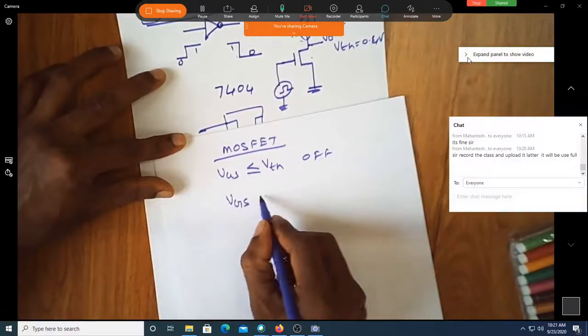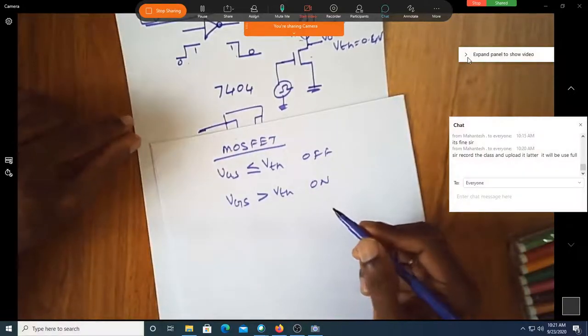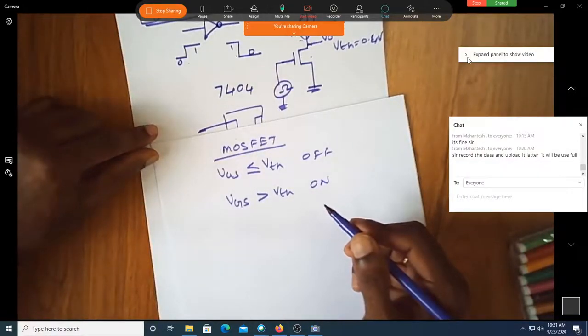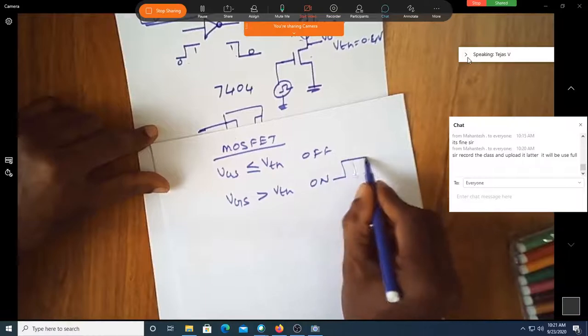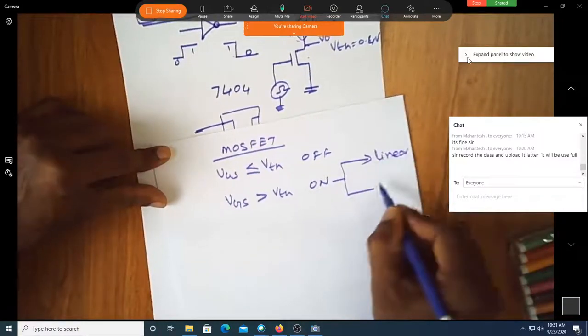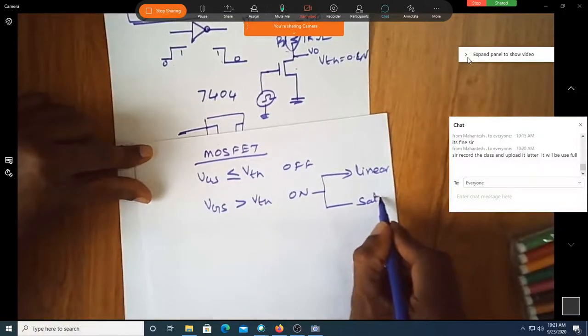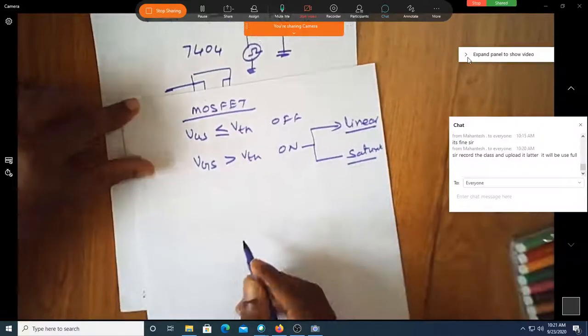Only when VGS is greater than VTH, the MOSFET is on, correct? In on condition, there can be two possibilities. It can be in linear region or saturation. Am I correct? Now, when do you say it is in linear and saturation region?